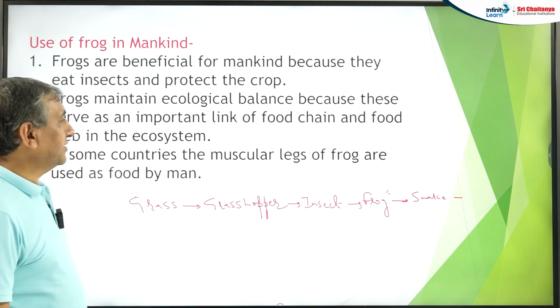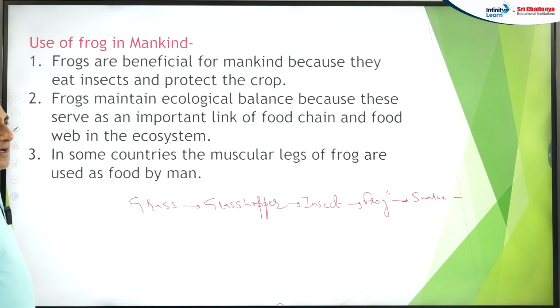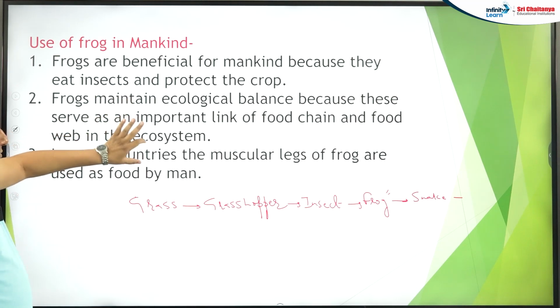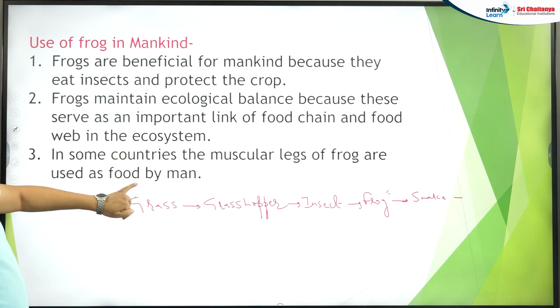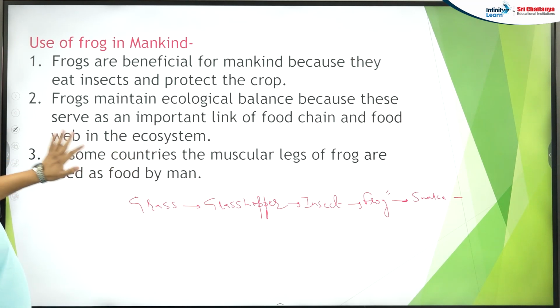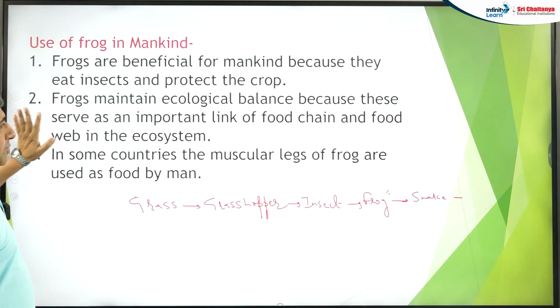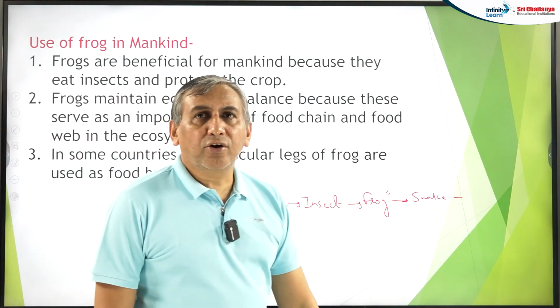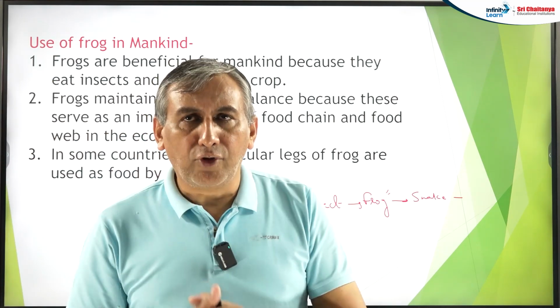Are you getting? So, this is the food chain. It is a very important component. It is maintaining the balance. Muscular legs of frog can be eaten by human beings as food also. So, that is one thing that you have to remember related with the frog. So, I tried to say all the important points related with frog.